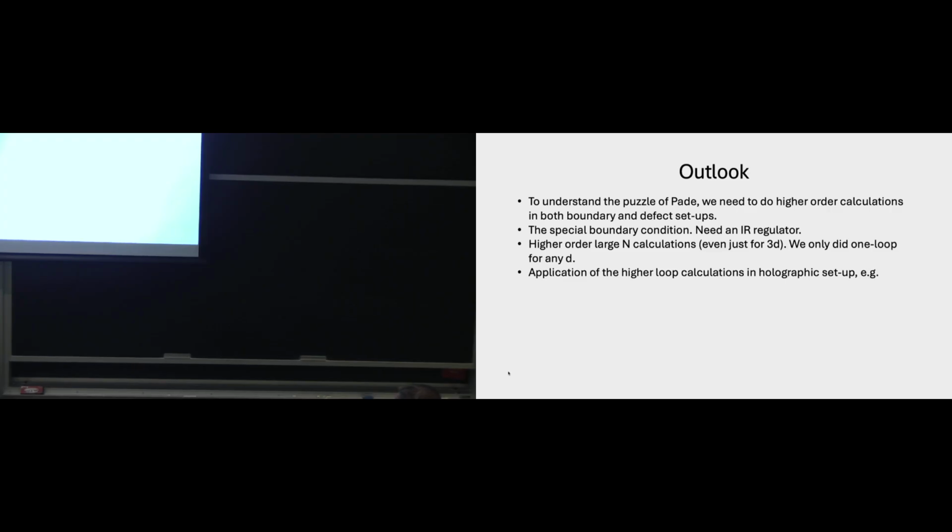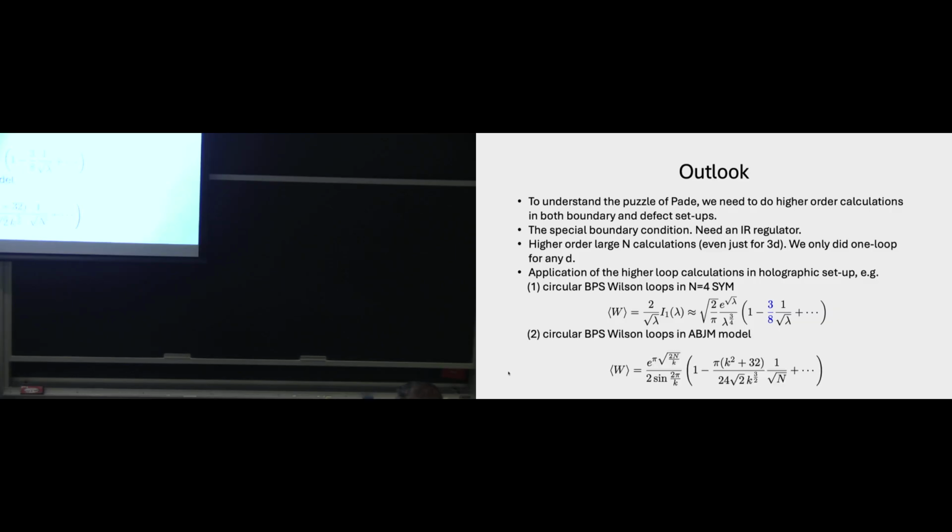And these high-loop techniques in AdS can be applied to holographic setups. For example, the BPS Wilson line in N equals 4 can be computed using the localization result, but you can also compute it on AdS2 using field theory calculations, and this coefficient should be recovered by a two-loop calculation on AdS2.